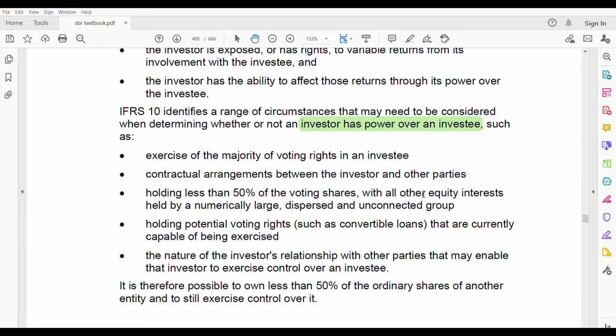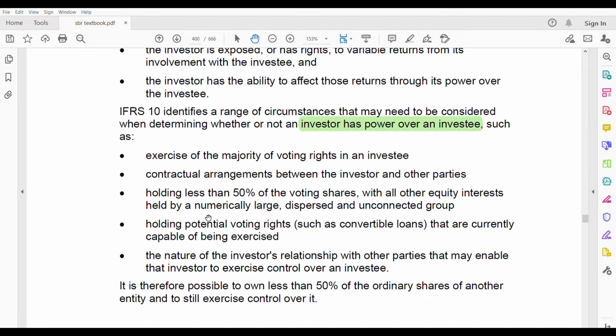So all the 50 shareholders make up 50%. Still they will not be considered as having power, because individually they have 1%. Even if you combine them, it does not matter. They are a large, dispersed and unconnected group. That's what it means. So it's not said that they will have power.